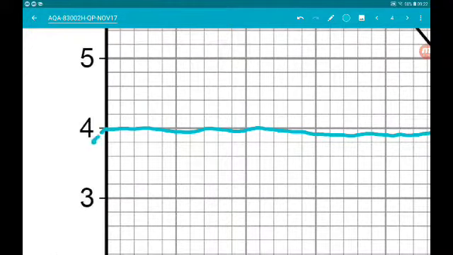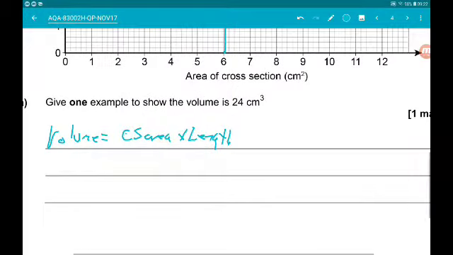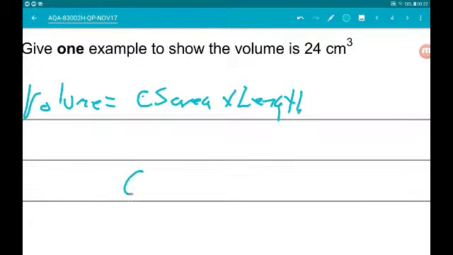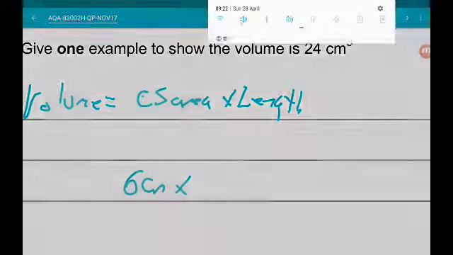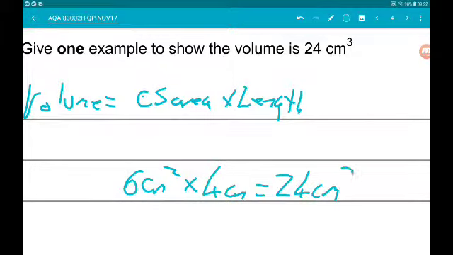So it would be 4. So we can literally then just say 6 centimetres squared times 4 centimetres is 24 centimetres cubed.